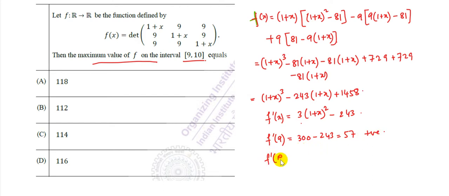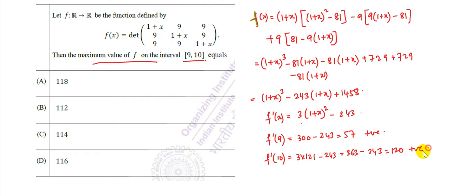Similarly, f dash of 10 will be 3 into 121 minus 243, which will be 363 minus 243, which is 120.